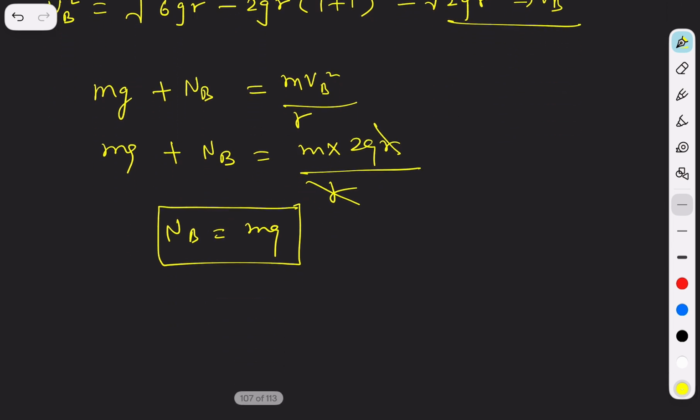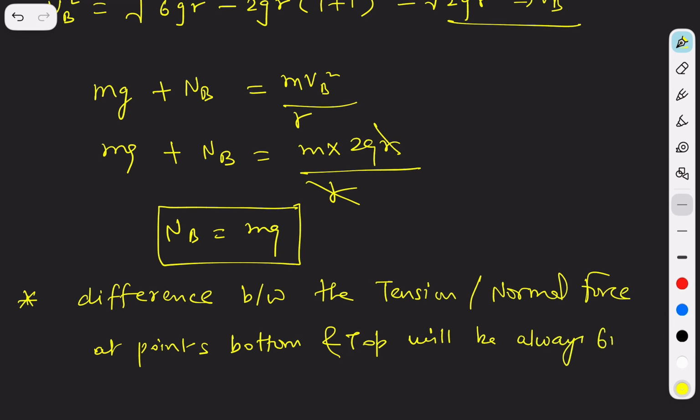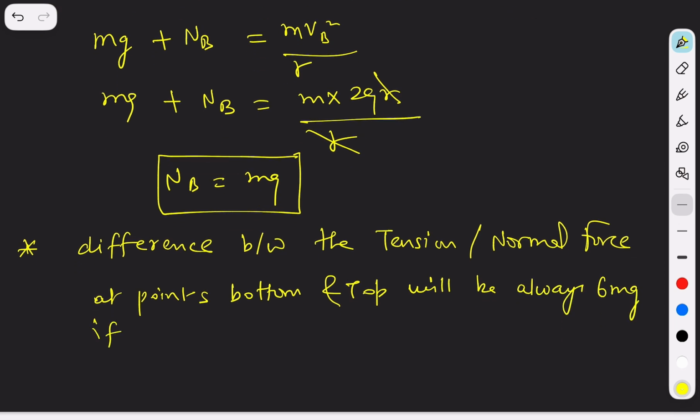Guys, one note you should keep in mind: the difference between the tension or normal force at the bottom and top points will always be 6 mg if the particle is performing a full circle.